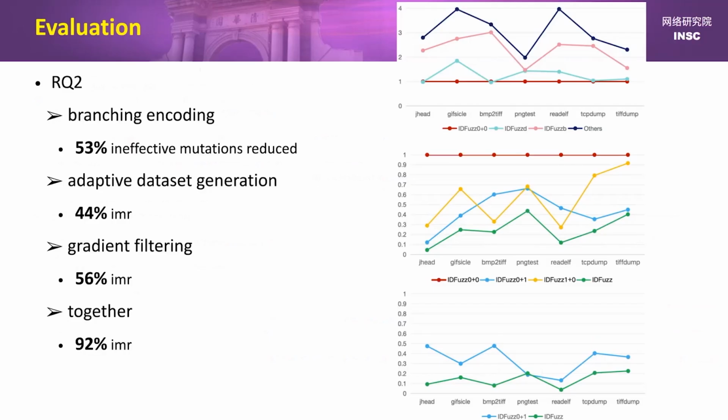And for research question 2, we also found that the 3 new techniques, including branch encoding, adaptive dataset generation, and gradient filtering, all have clear contributions to IDFuzz performance.